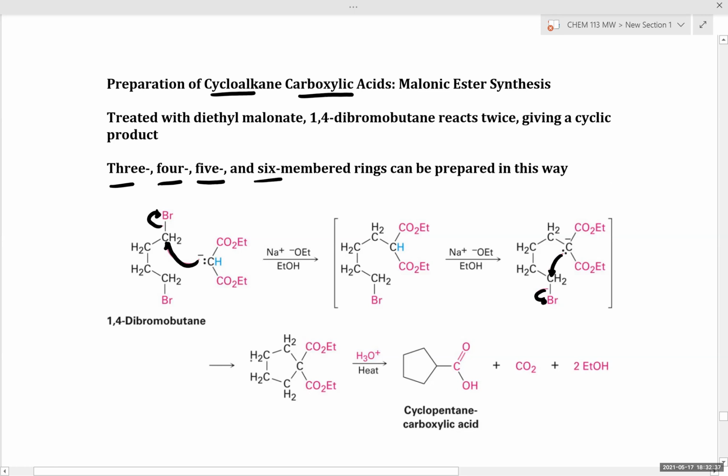From here, once we have our desired cyclic malonic ester derivative, we can hydrolyze and decarboxylate this malonic ester to generate a carboxylic acid. Nothing unique mechanistically, but it's really important in terms of pattern recognition that you note that you can prepare these cyclic carboxylic acids and cyclic carboxylic acid derivatives using the malonic ester synthesis.